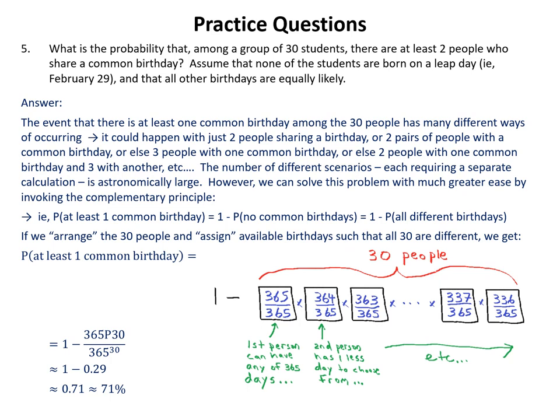Now, the event that there is at least one common birthday among the 30 people has many different ways of occurring. So for example, we could have just 2 people out of the 30 sharing a birthday and no other common birthdays. Or we could have 2 pairs of people with a common birthday. Or we could have 3 people with 1 common birthday.